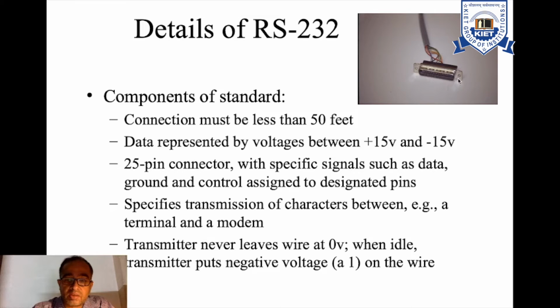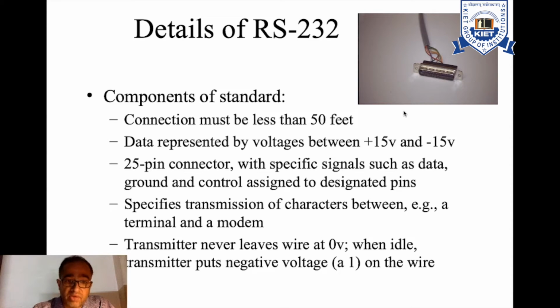This particular connector is for the connection to all the other peripheral devices. In RS232, the connection must be less than 50 feet. The data is represented by voltages, plus 15 volt and negative 15 volt.